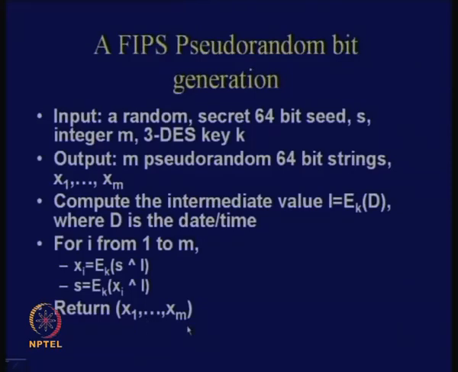In the fourth point, we are producing xi from the seed S. And in the next step, we are getting another seed from xi, you are getting S for the next iteration. So all these x1 to xm are produced from different seeds, but the starting point of the seed is S. After that you are modifying the seed value and generating subsequent values.